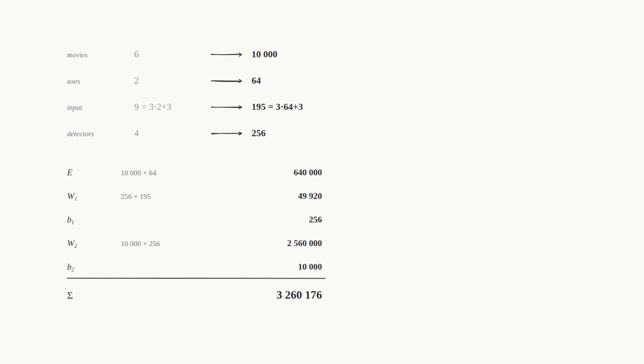The landmarks, 10,000 by 256, 2,560,000 plus 10,000 biases. In total, 3,260,176 tunable numbers. 3.25 million knobs, and not one of them is turned by hand. The same gradient descent, the same nudges, the same backward pass that we worked through by hand on 82.